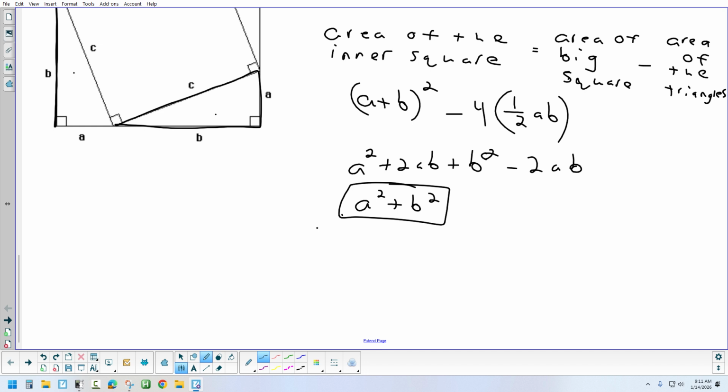What's the area of all the triangles? It's not the area of all the triangles. The area of all the triangles is 2ab. Yep, it's the area of the inner square.